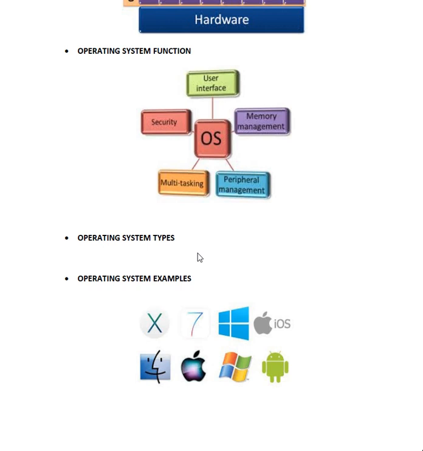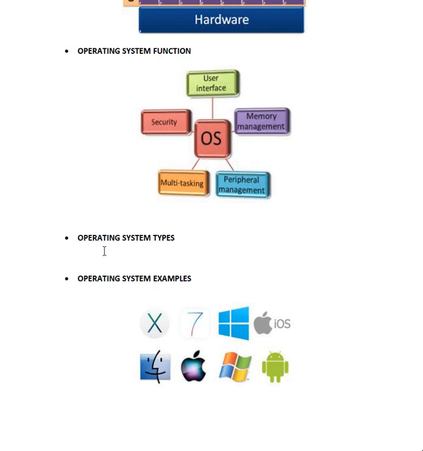Another is the architecture of the operating systems. The operating system architecture plays a special role. If you are talking about operating systems of Windows, or Ubuntu, or Apple, all these will have different architectures.